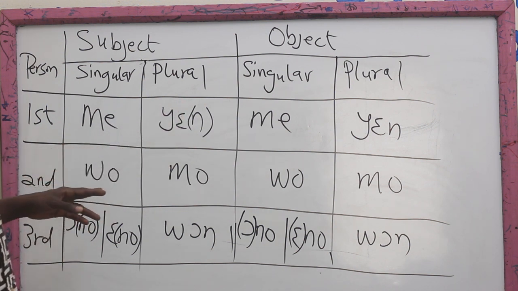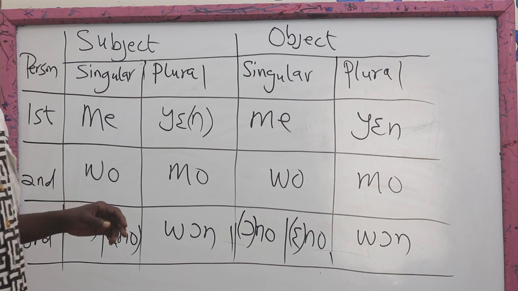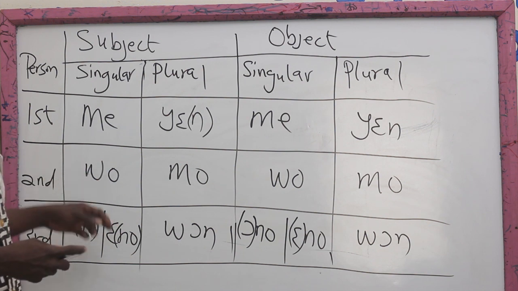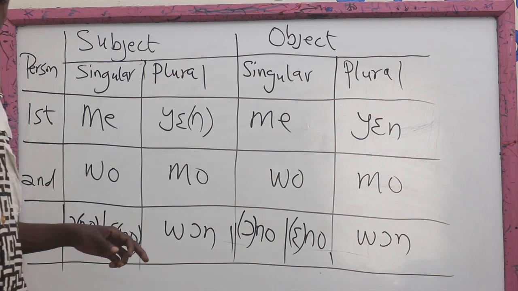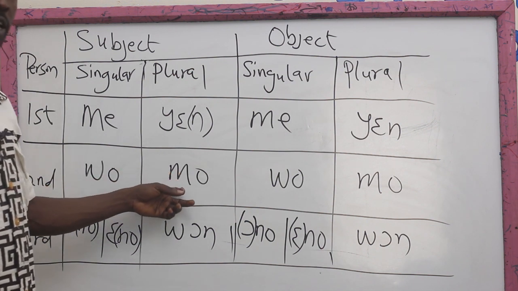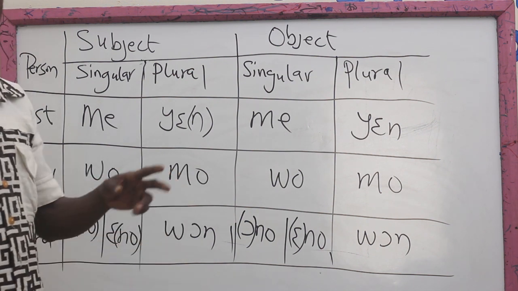And the second person is the hearer, or the person you are talking to. Its singular subject is wo, as in you. And the plural is mo, the same thing, you.